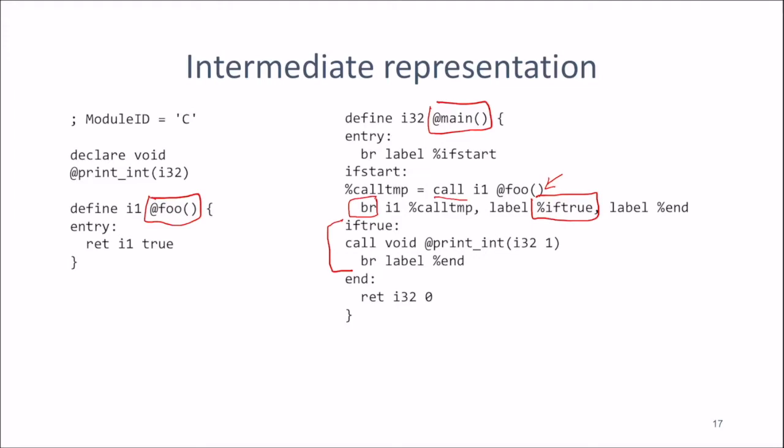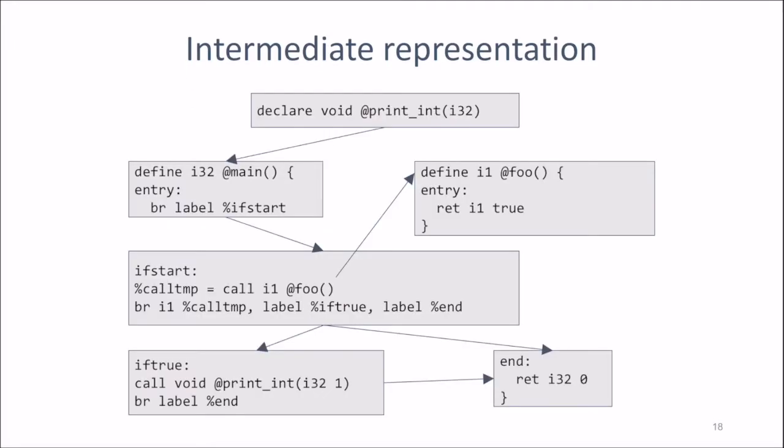And again, it's straightforward. It calls printInt to print out the number 1, right? So you can see that there is, right from the source code to the abstract syntax tree to the intermediate representation, you should have the idea that it is doing the same thing.